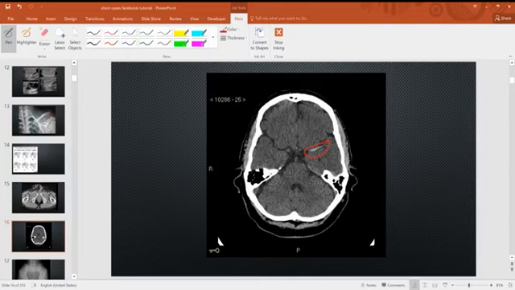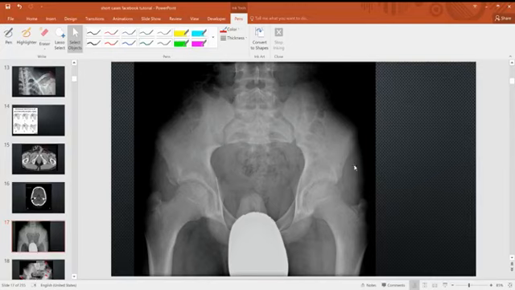This is sometimes an indication for giving the patient intra-arterial or streptokinase treatment before the infarction develops. Okay, very good.